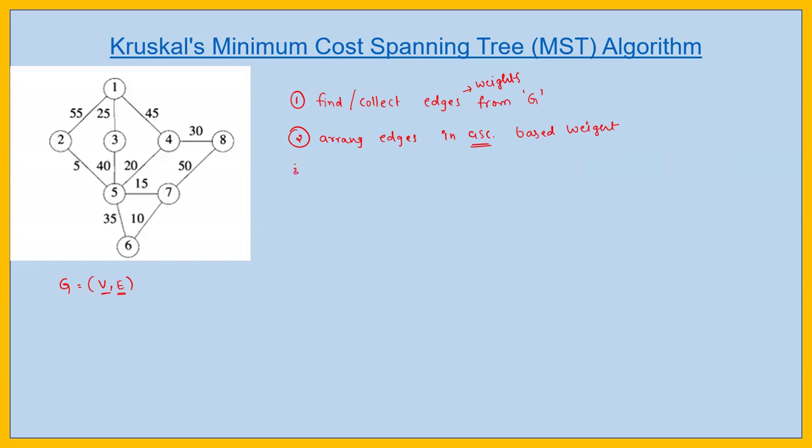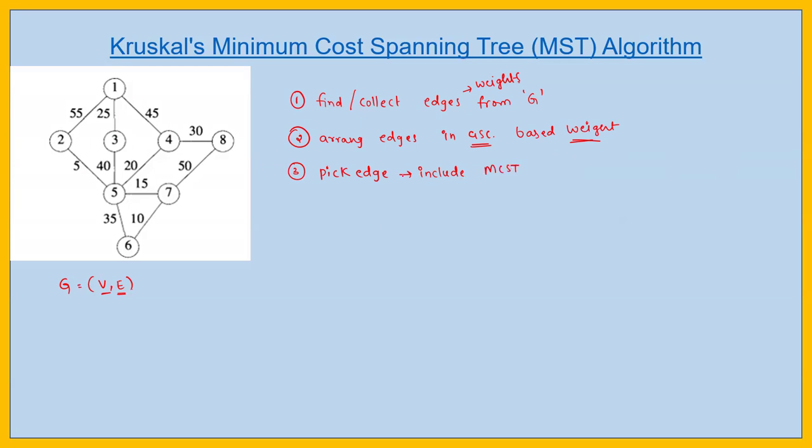Next, third step. We need to pick one edge from the sorted weights, and we need to include this edge into the minimum cost spanning tree.